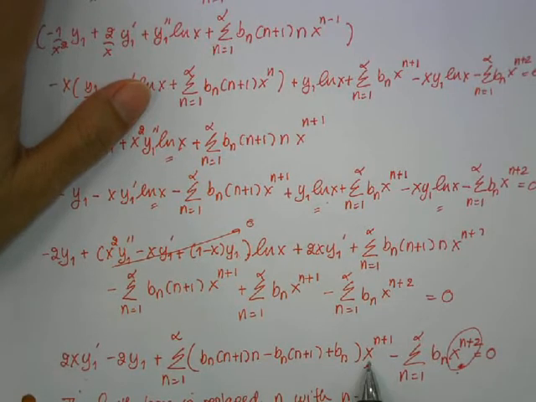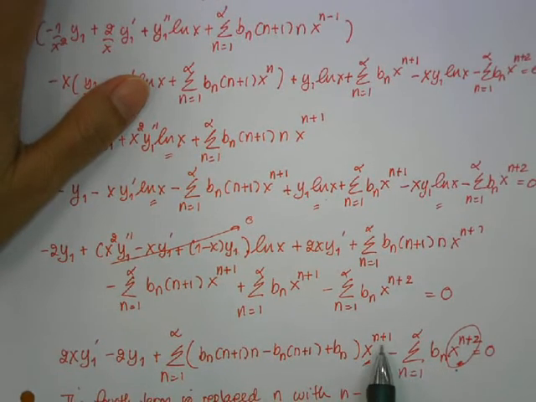So I'm going to do the shift of index. So I have n plus 1 and n plus 2. Should I do n plus 1 to become n plus 2, or should I do n plus 2 to become n plus 1?